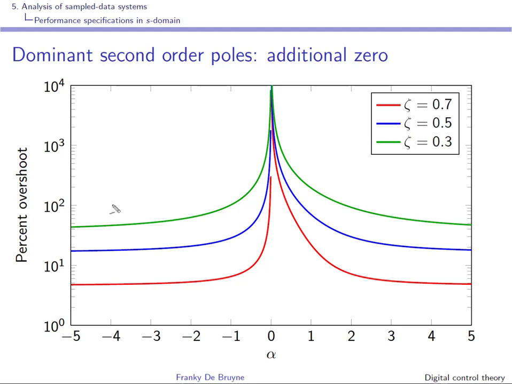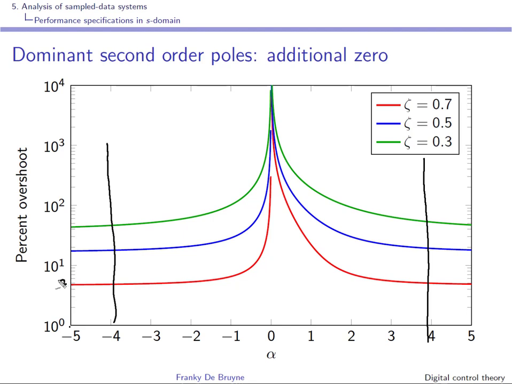You remember that when alpha in modulus is sufficiently high, let's say alpha is either smaller than -4 or higher than 4, the influence of the zero is hardly felt, and what you obtain is the percentage overshoot that you would expect with the original transfer function without the zero. So with a zeta of 0.7, you would expect something around 5%. This is indeed correct. 1, 2, 3, 4, 5.